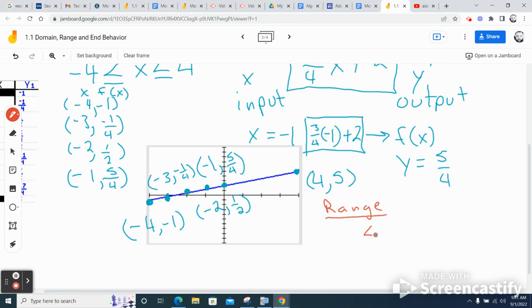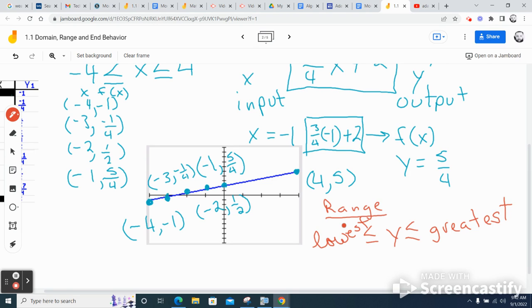So it's going to look like this. I need the lower y value, and over here I need the greatest y value. So there's two ways we could do it. We could look at the graph in the up and down direction, right? Up and down.